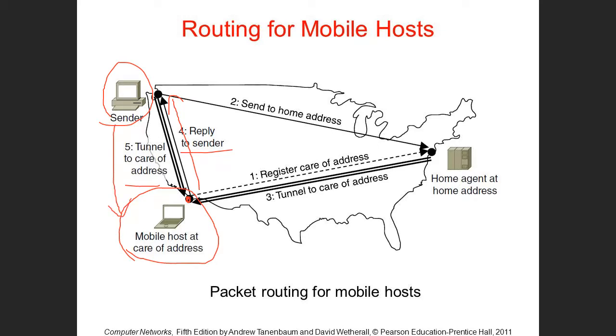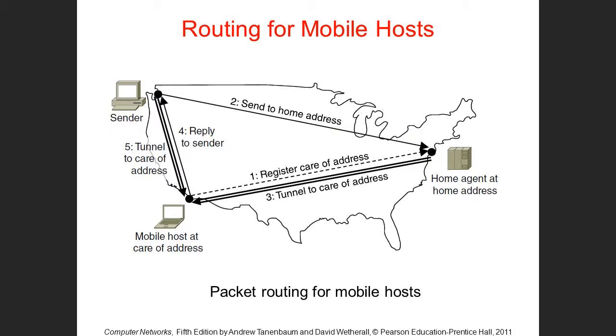So no complete topology of the whole network has to be updated. Only the first packet has to go via the home agent to the end host, and afterwards, once the acknowledgement is delivered to the sender, the sender will know that the mobile host is using this address and is in this part of the network, and can now directly send data to this specific system. Got the thing? Guys, got this diagram?